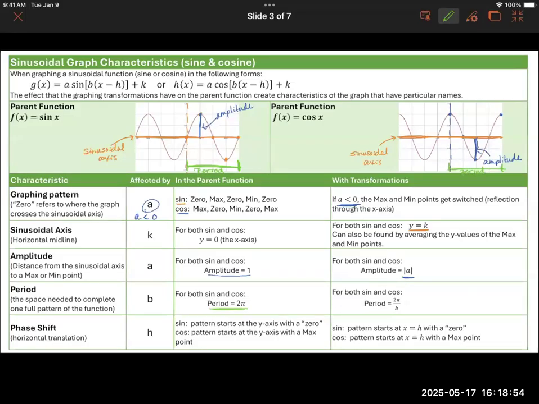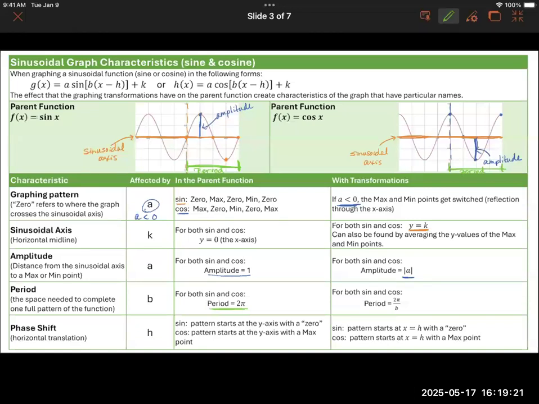Okay. The value that could affect this is our B value, because the B value causes horizontal stretches and shrinks. And so if I get a horizontal stretch, it's going to take more space to complete a pattern. If I get a horizontal shrink, it's going to take less space to complete one full pattern of the graph.